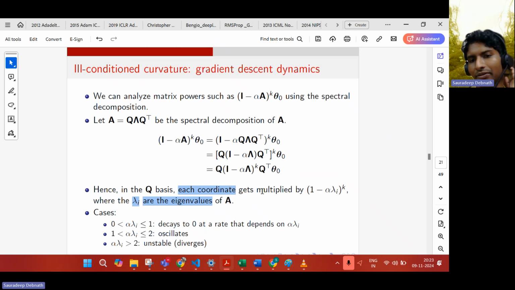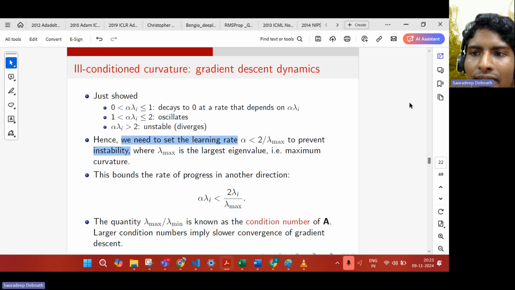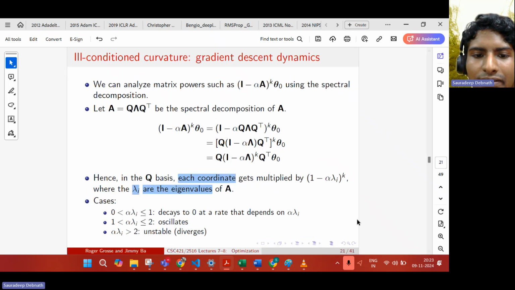So we can see that each coordinate gets multiplied by 1 minus alpha lambda i, where lambda i is one of the eigenvalues of A.